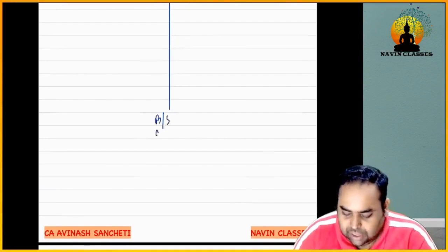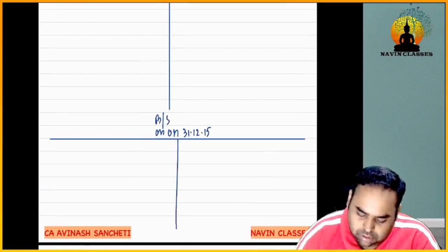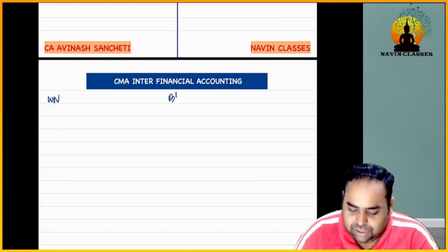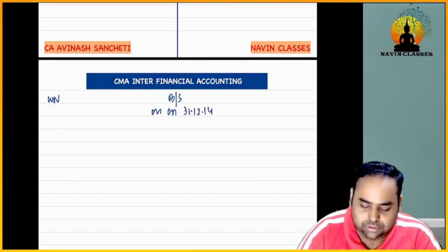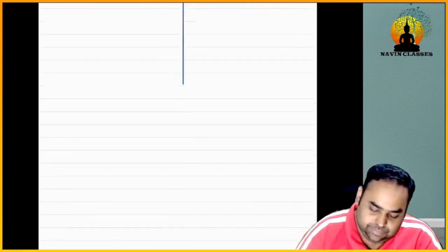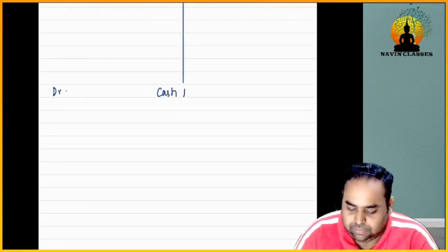Balance sheet as on 31st December 15. Working note, balance sheet as on 31st December 14. Then what I need to create is a cash book with double column.